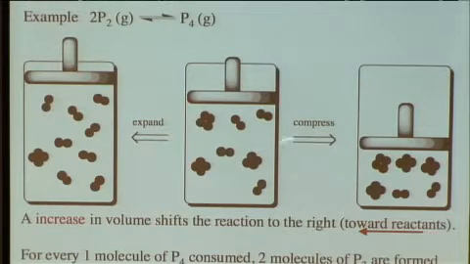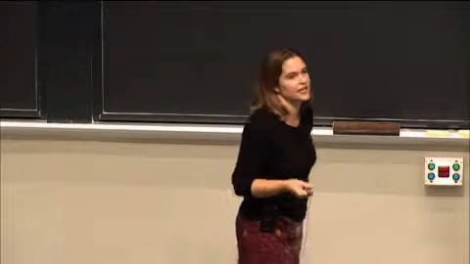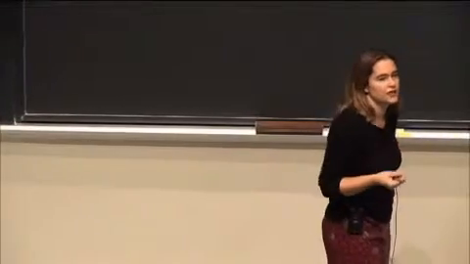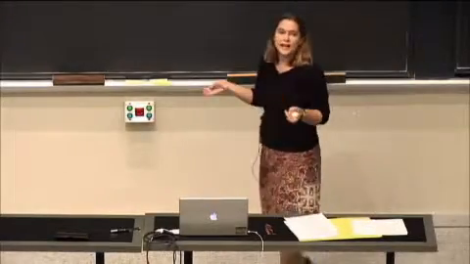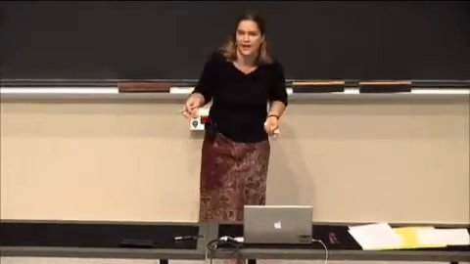So here we see a shift toward the reactants. And so this shift to the left is going to increase the total pressure to compensate for the decrease in pressure that was a result of this applied force to the system. And we could do this again in terms of Q and K.